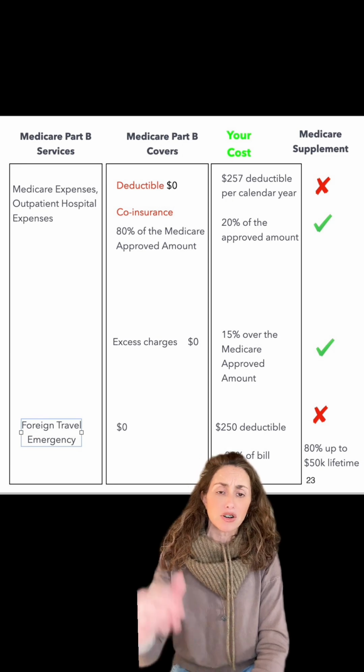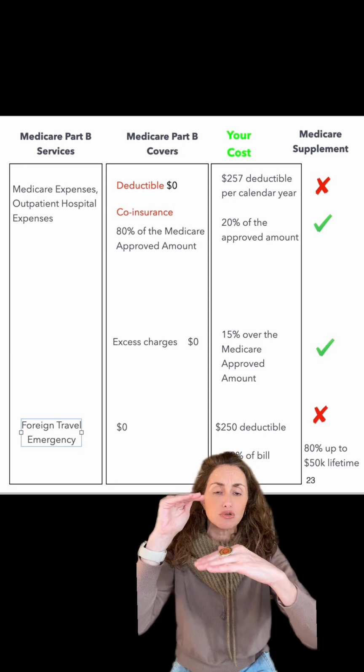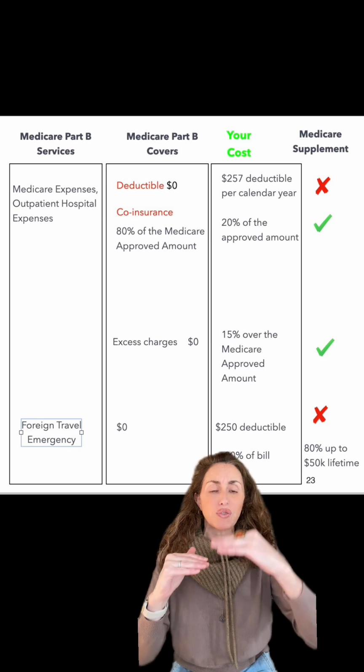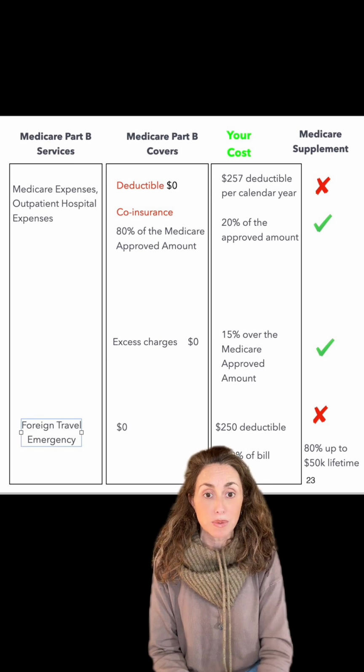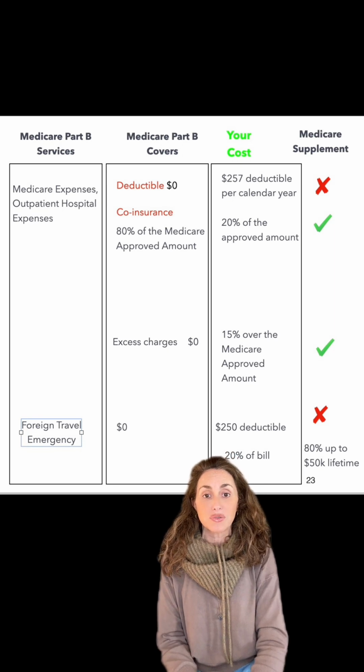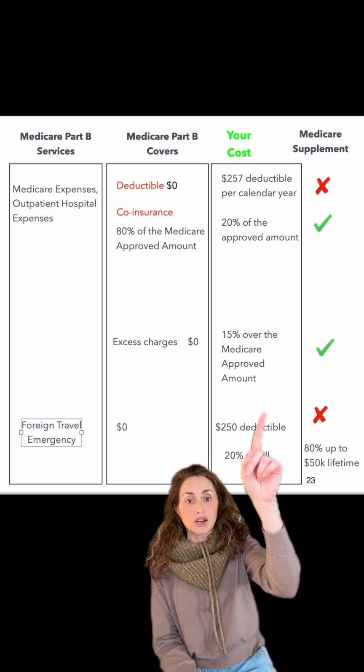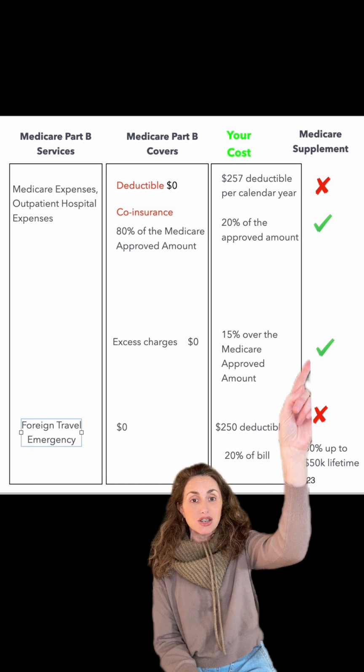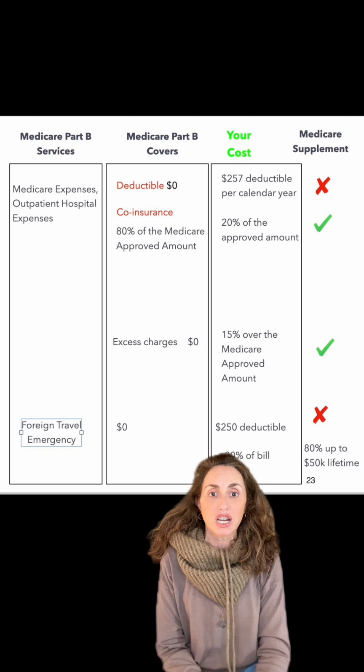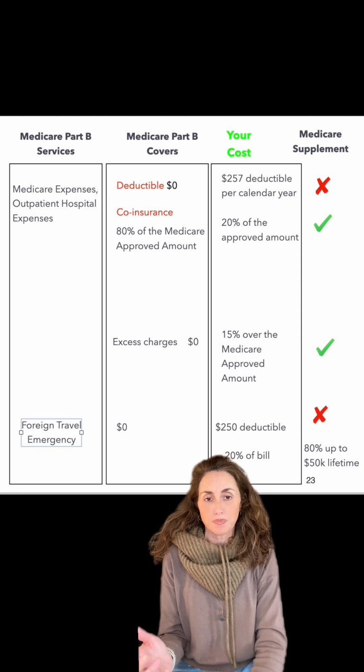So same fact pattern, $1,500, it's brought down to $1,000, but they can charge 15% over that Medicare approved amount. So let's say it's another $150. And you can see here up above where that green check mark is, that Plan G covers that excess charge.